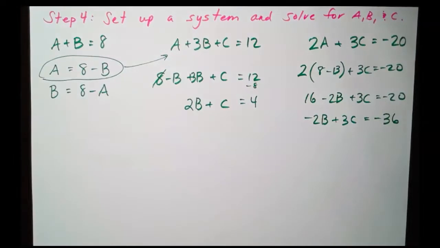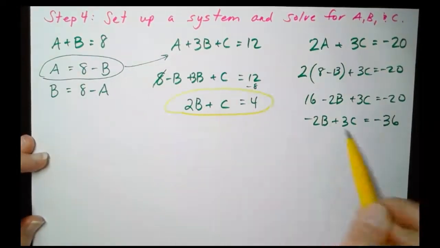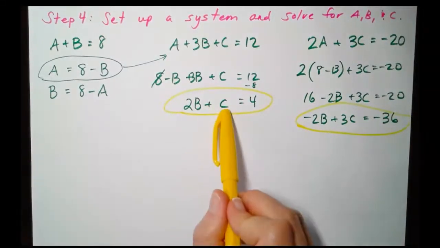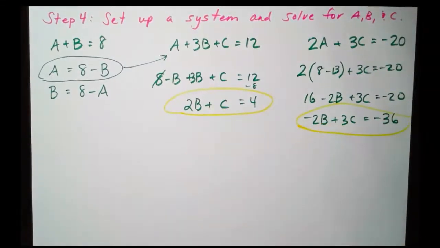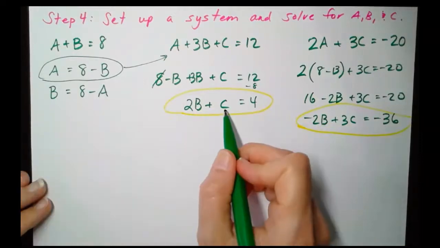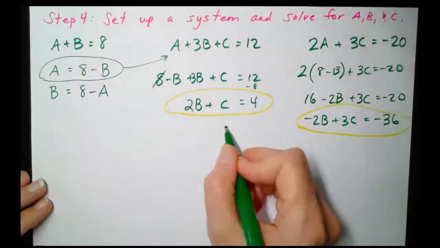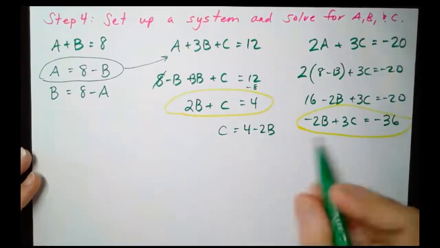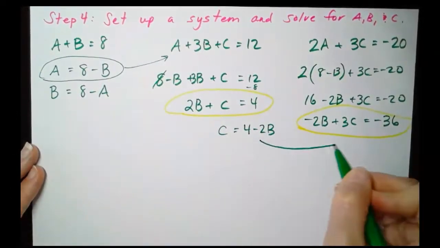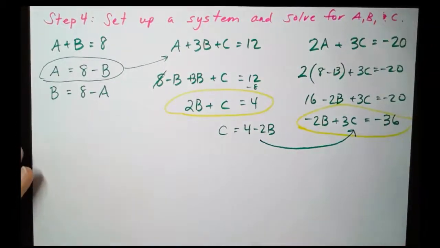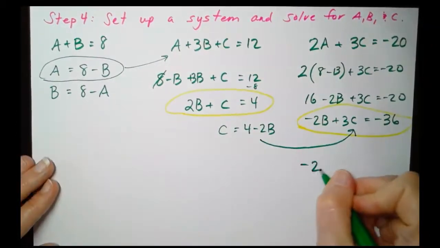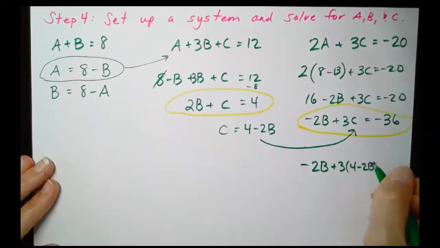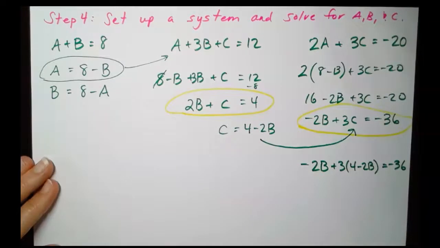Now we've got some equations that we can really deal with a lot more easily. So first of all, this is only in terms of B and C. This is only in terms of B and C. But we can very easily solve for that C. C equals 4 minus 2B. And now we can make a substitution there, which is going to allow us to solve for B. So negative 2B plus 3 times C equals negative 36.